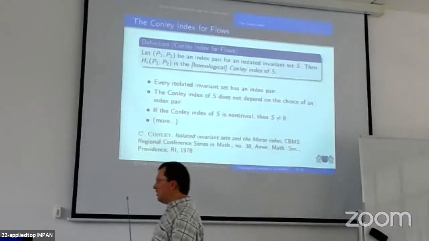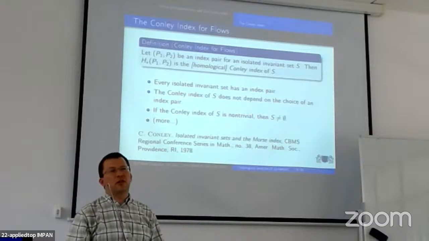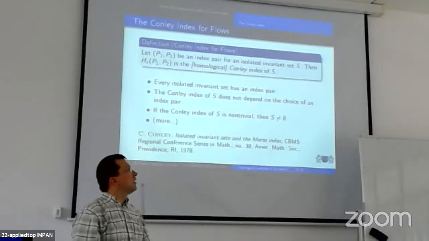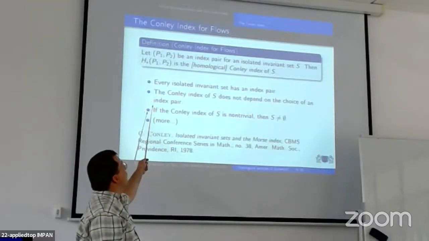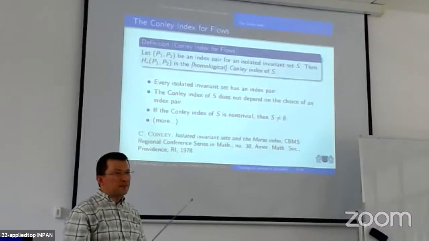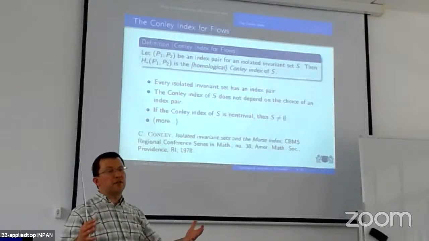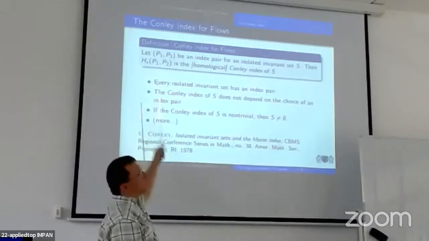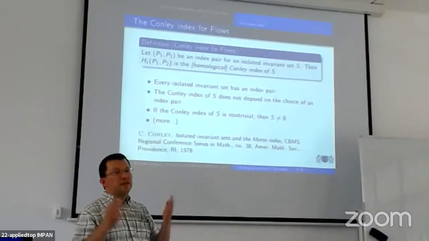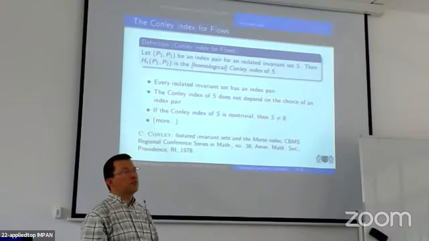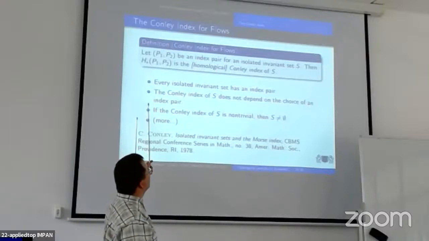Regarding the Conley index, it is a very useful topological invariant because every isolated invariant set has an index pair. And if we take two different index pairs, by taking this relative homology, we get the same algebraic object, or an isomorphic one.